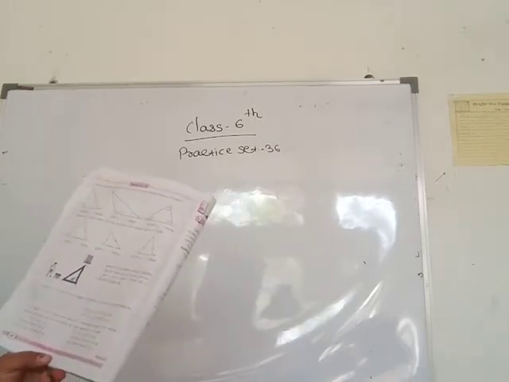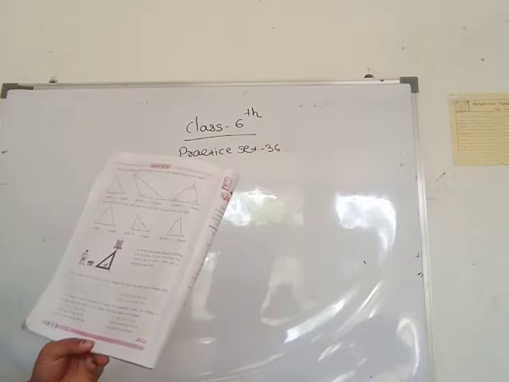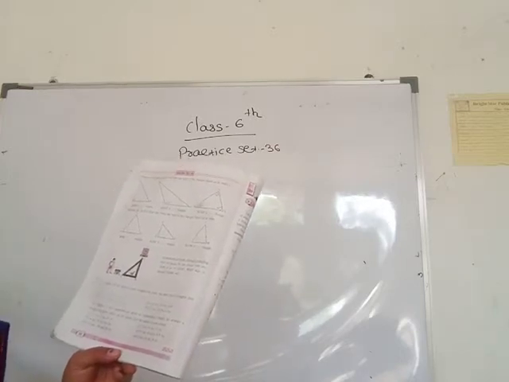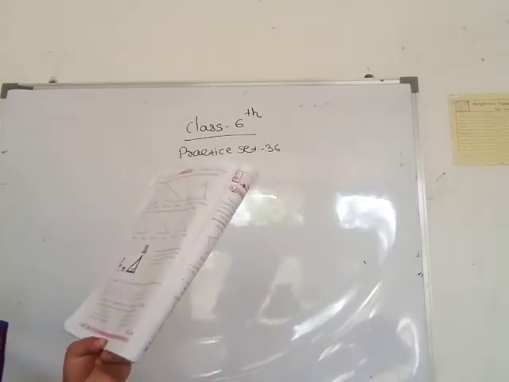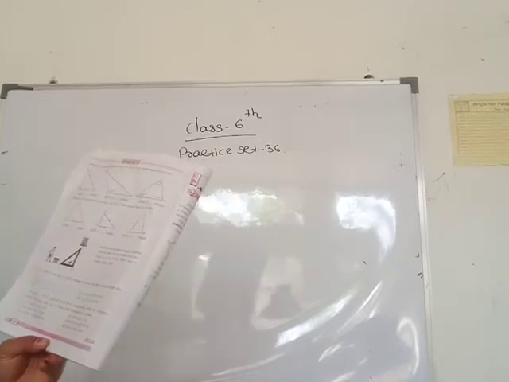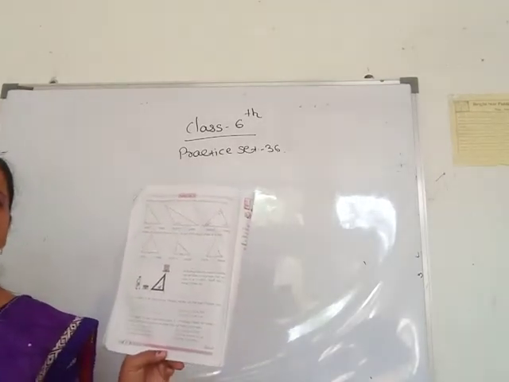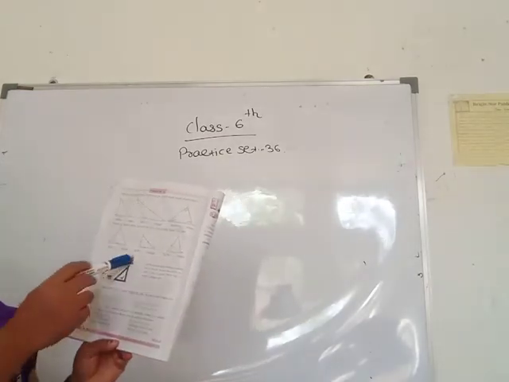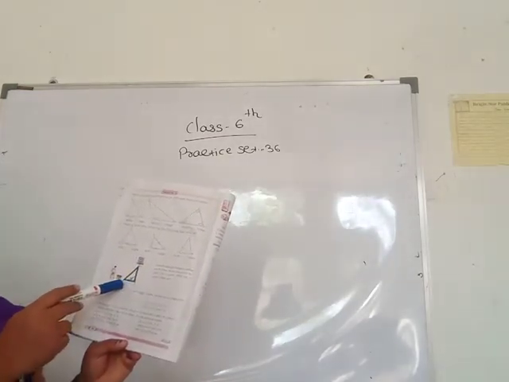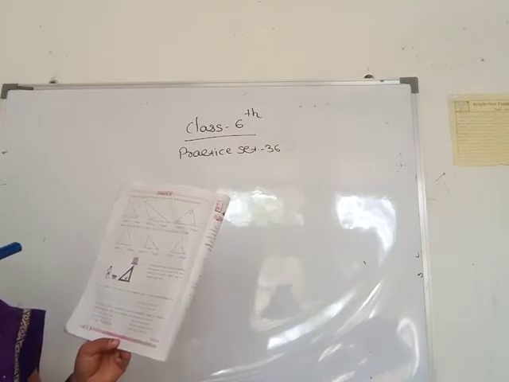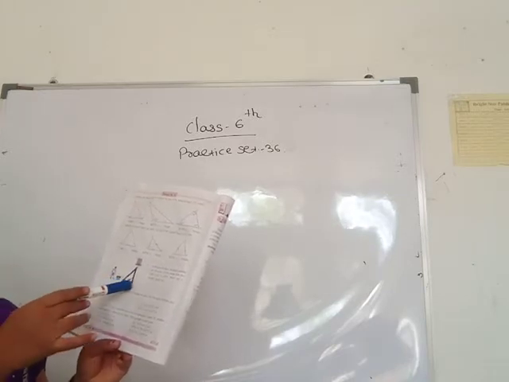Then the third question. As shown in the figure, Avinash is standing near his house. He can choose from these two roads to go to school. Which way is shorter? Explain why. See the two roads: road AC, and the second road from house to school, AB and BC.